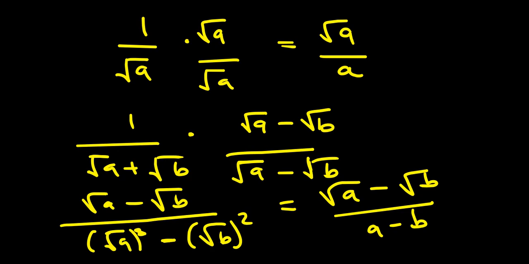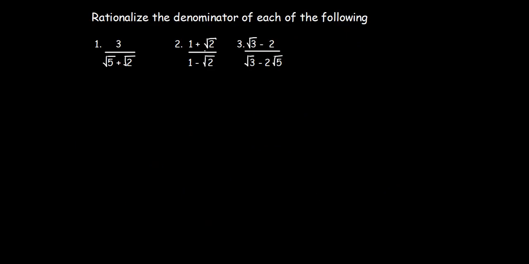Now let us look at some questions. Rationalize the denominator of each of the following. In the first one, we have 3 divided by root of 5 plus square root of 2.